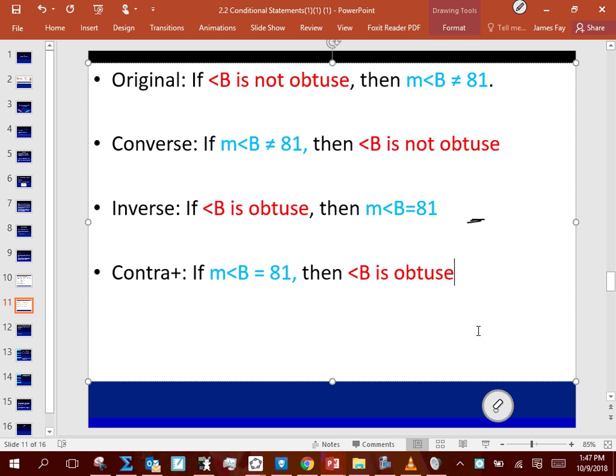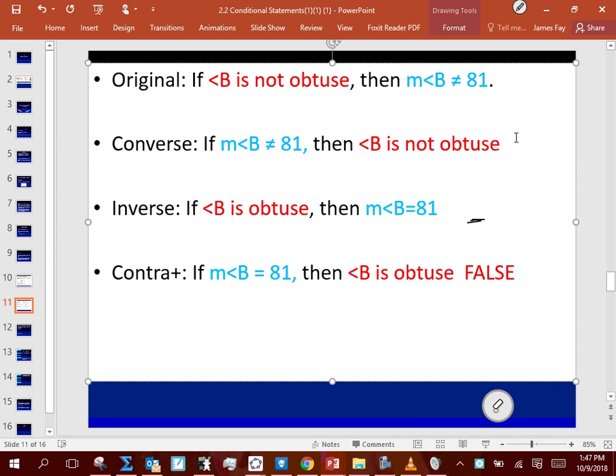Now it might be a situation where I wanted to originally determine whether that first statement was true or false, and I struggle with that. Now if I look at the last one, the contrapositive, if measure of angle B equals 81, then angle B is obtuse. Is that pretty easy to determine that that is what kind of statement? That's false, right? Okay?